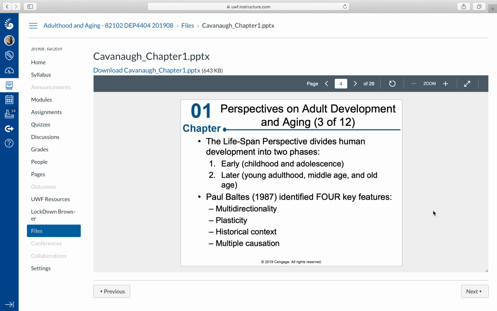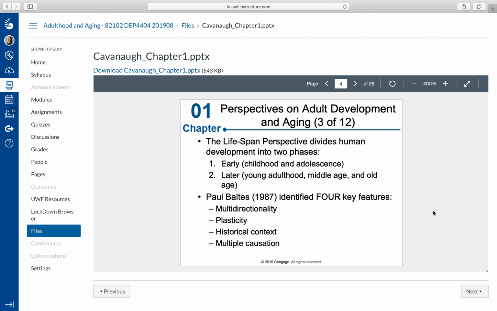So the lifespan perspective, I guess we call these features. Okay, the lifespan perspective has 4 features. Multi-directionality, really just a simple way of saying that development involves both growth and decline. So as you age, you don't get worse at everything.